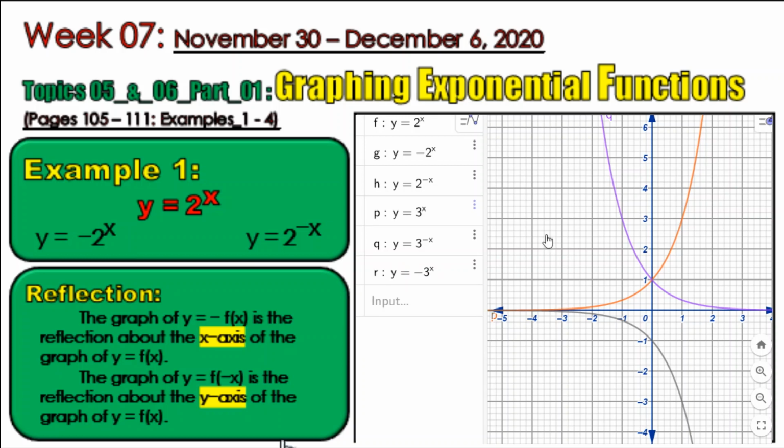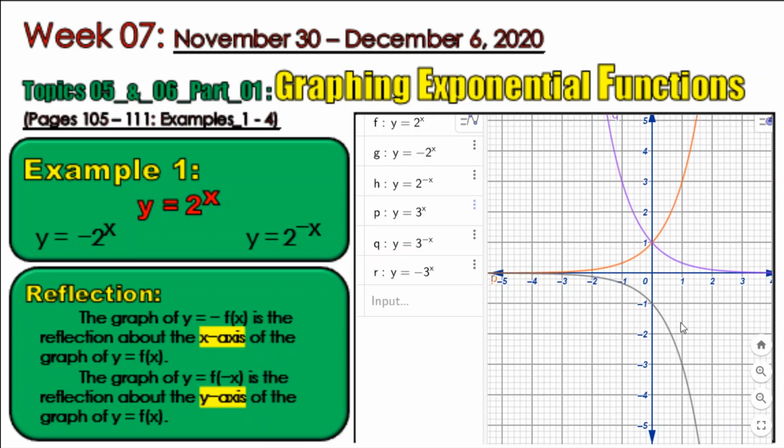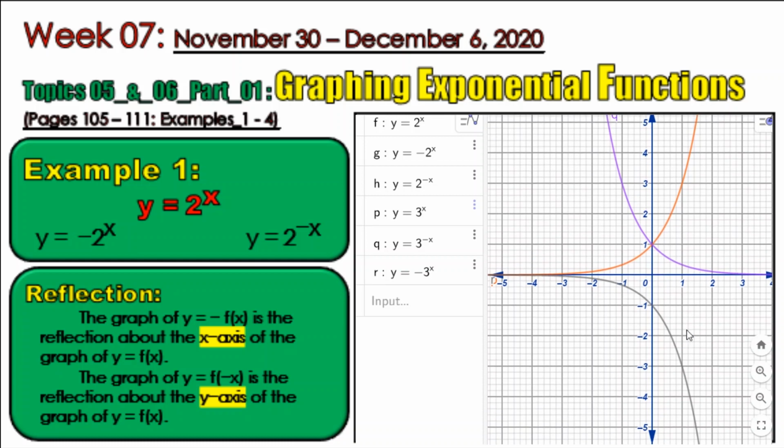So we have these graphs. Again, for example number 1, we were talking about reflection: reflection about the x-axis and reflection about the y-axis. So that's for example number 1.